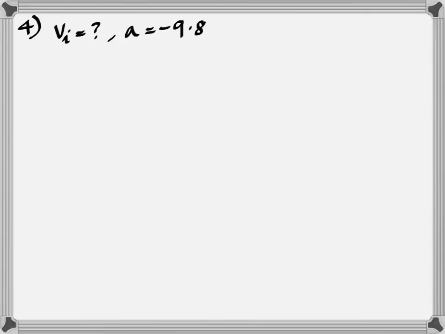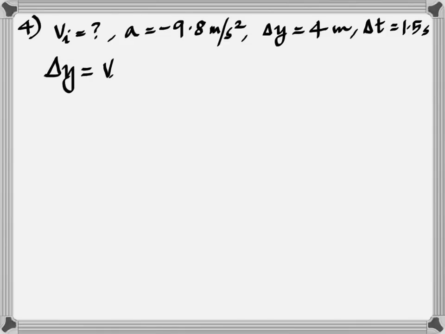In this problem, the initial velocity is to be found. Since it's thrown up, A is negative, delta y is 4 meters, and delta t is 1.5 seconds.